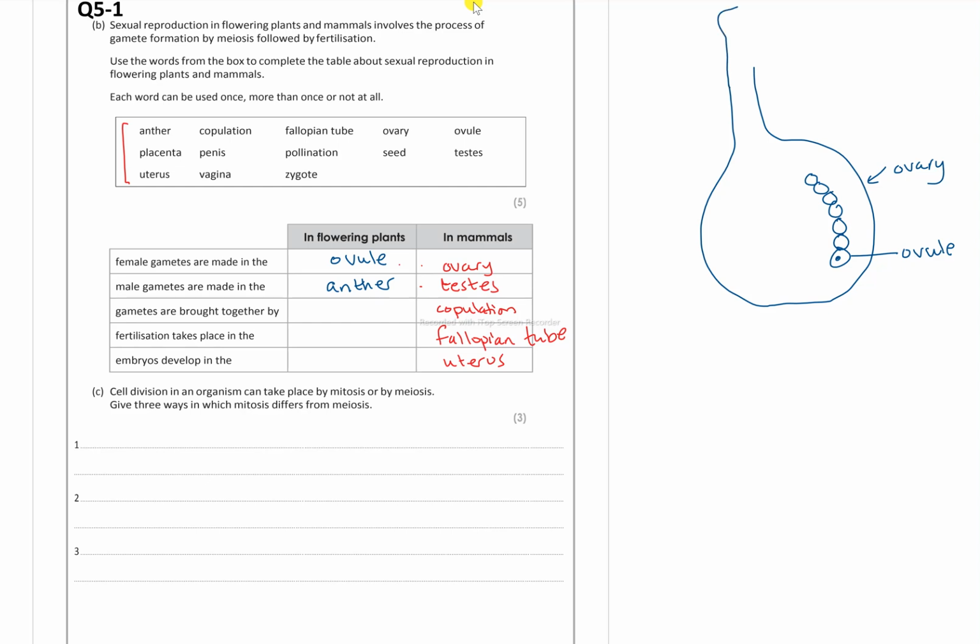Male gametes are made in the anther. So then you've got this little bauble at the top. So this here is called the stigma, and this long bit is called the style. That's for the complete thing. Gametes are brought together by pollination.